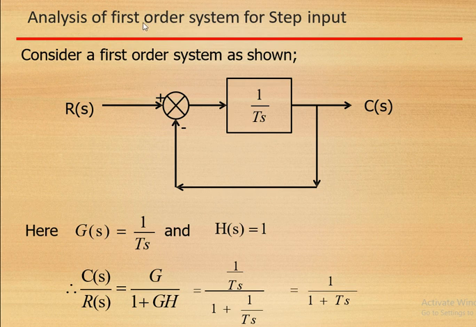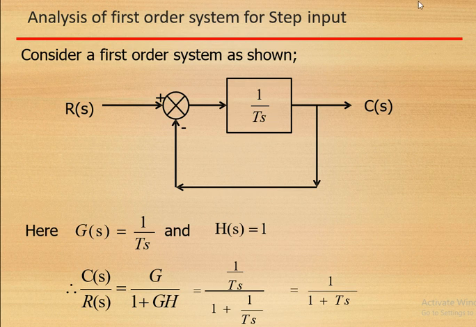How to identify the first order system, how to identify the second order system, we have seen earlier. Now if you see here the first order system is given. The power of S we can consider as 1, so that's why it is first order. It is very easy to identify, and if the power becomes 2, it will be a second order system. So it is so simple.